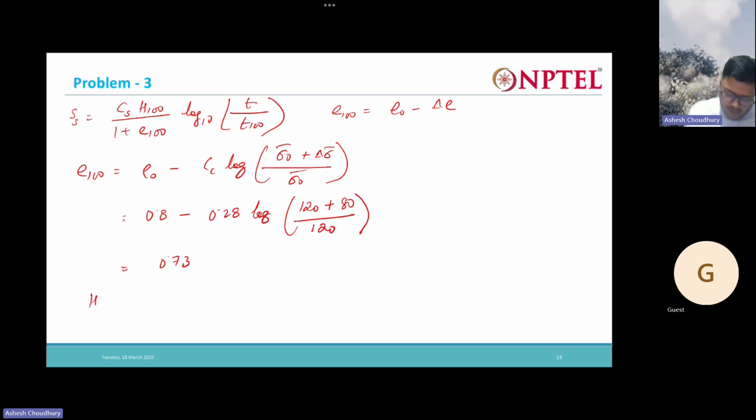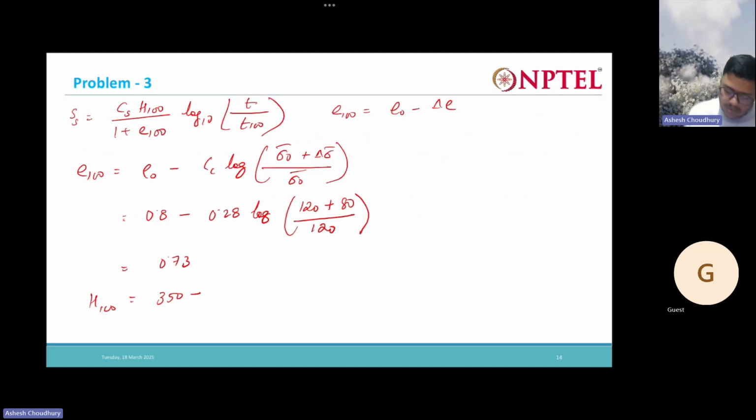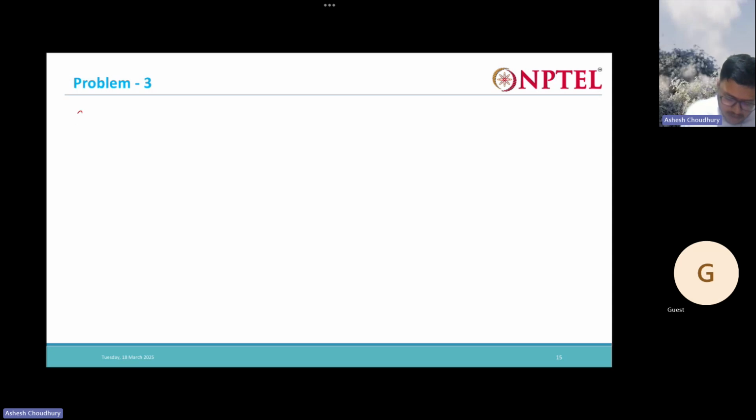Now initially it was 350. Primary consolidation 12.08 centimeter. So at the end of primary consolidation, the thickness of the layer is this much. Okay. Now you can calculate the secondary settlement.